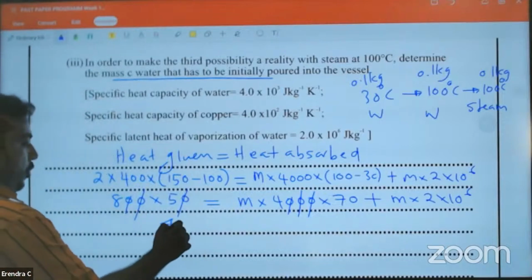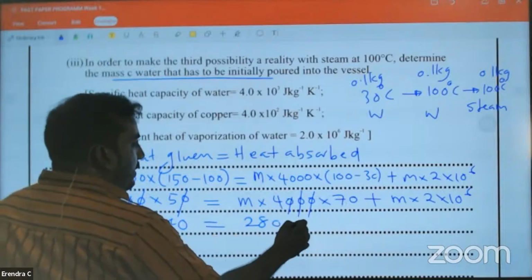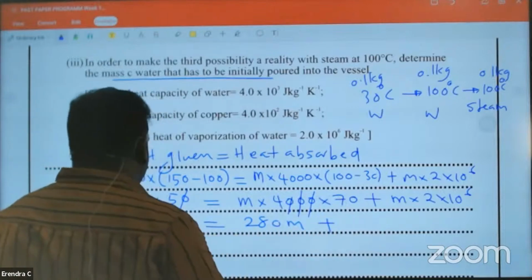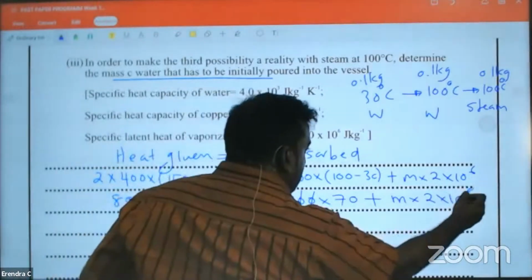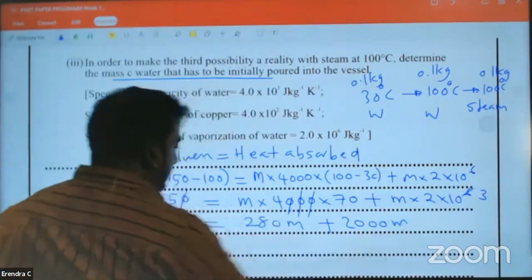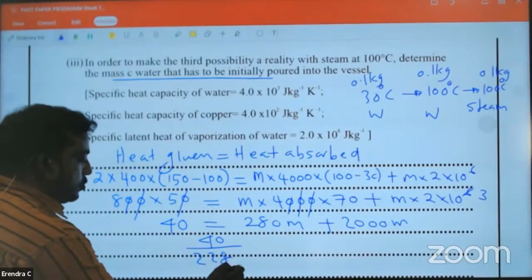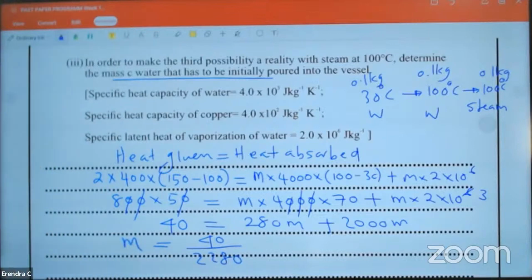Simplify this. 40 equals 280 M plus 2000 M, since 3 zeros here means 3 zeros here and only 3 zeros are left. 40 divided by 2280, that's the mass.